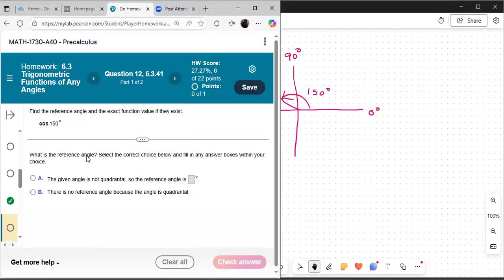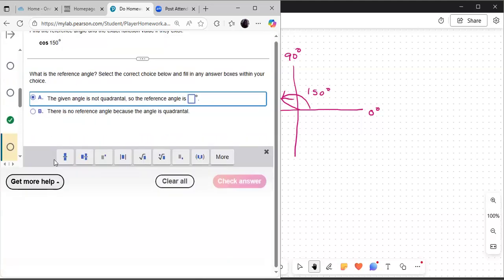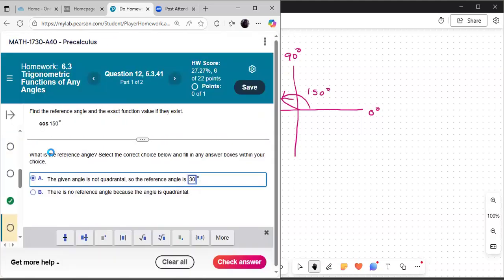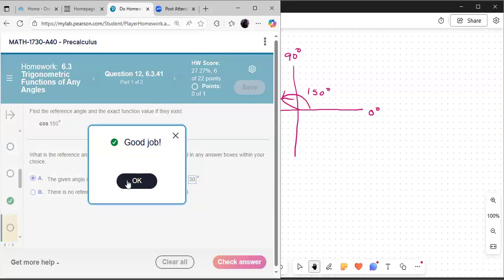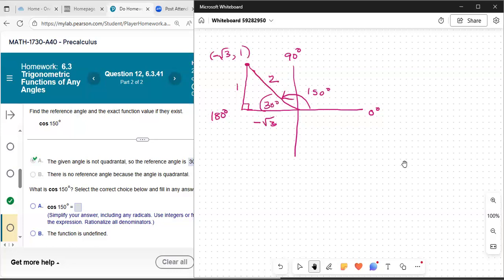That would be 30 degrees. And then we are asked to find cosine of 150. So the cosine of 150 degrees is x over r, which is negative square root of 3 all over 2.